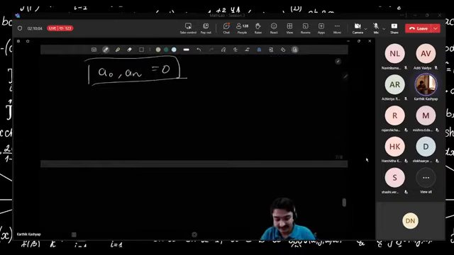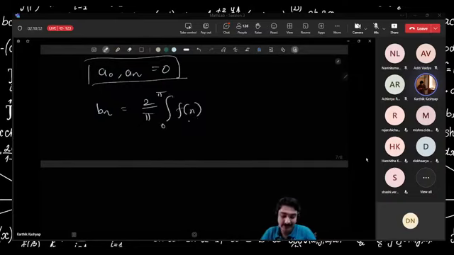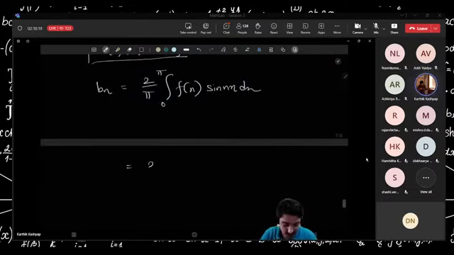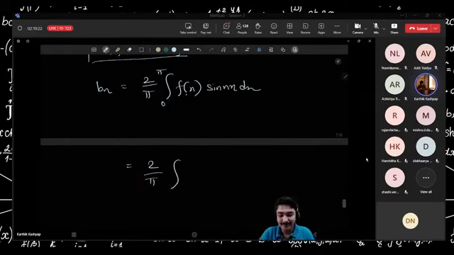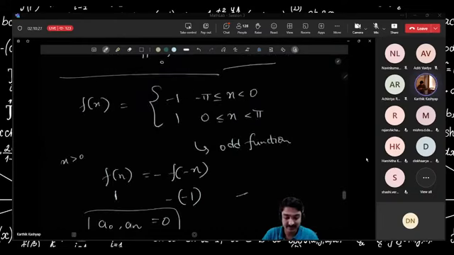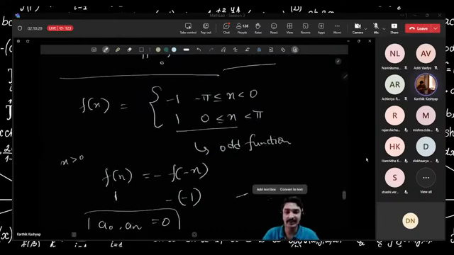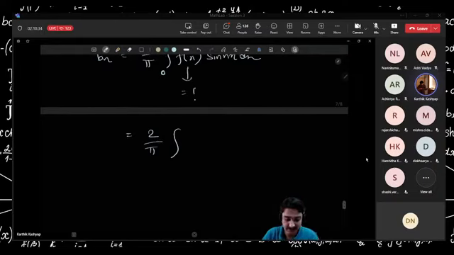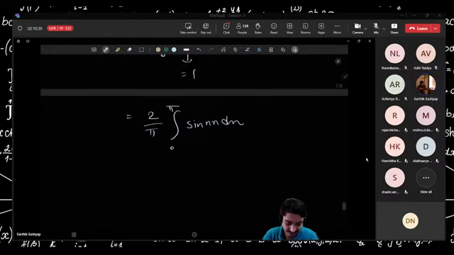Similarly, bn, we can just take that as 2 by pi times the integral from 0 to pi of f of x sine nx dx. If we substitute, notice f of x is always 1 from 0 to pi, and our limits are 0 to pi anyway. So this is just the integral of sine nx dx from 0 to pi.